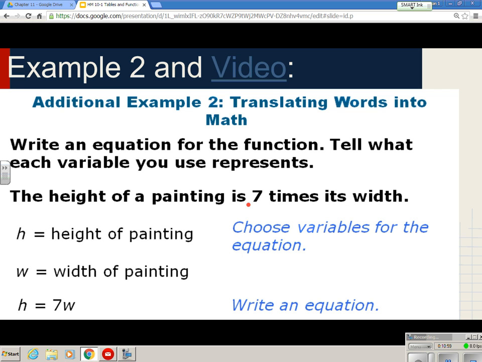So we know that it means that the height equals 7 times its width. So we need to do 7 times what we use as a variable here, which is w. So 7 times w is going to give us our height. So this is the equation that we're looking to write. That's all you have to do here is write the equation. So go ahead and write this down before moving on.